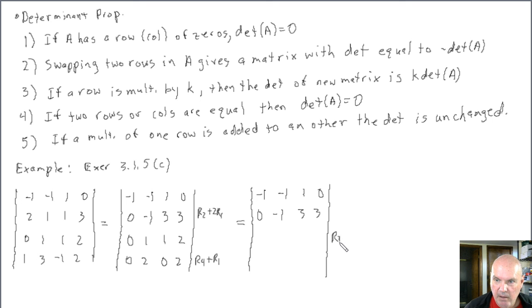Then add row 2 to row 3, so I get 0, 0, 4, 5, and then add 2 times row 2 to row 4, so I get 0, 0, 6, and 8.